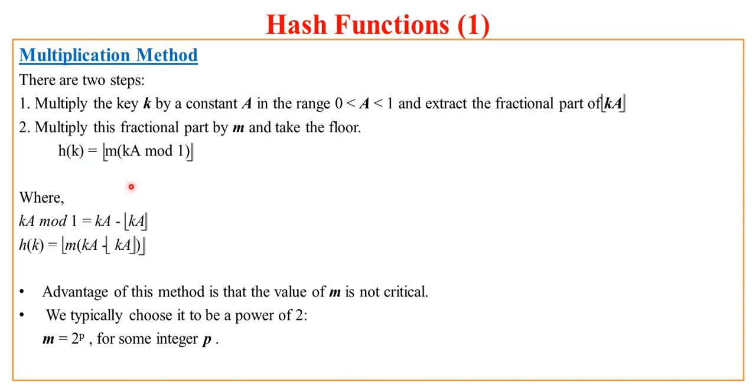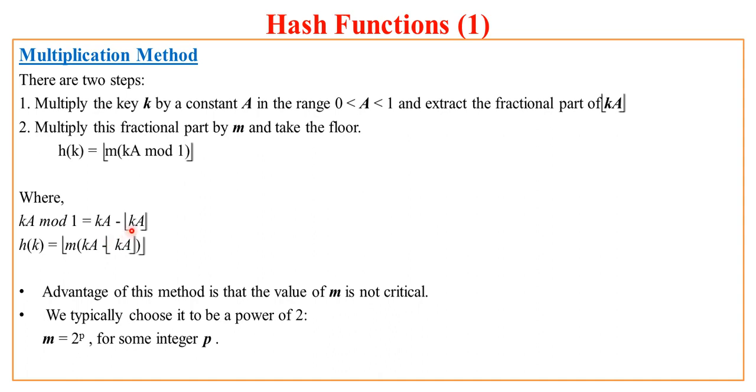We can even see that k times a mod 1 gives us the fractional part, or the remainder, which can also be calculated as ka minus floor of ka, and that gives us the address of the key.